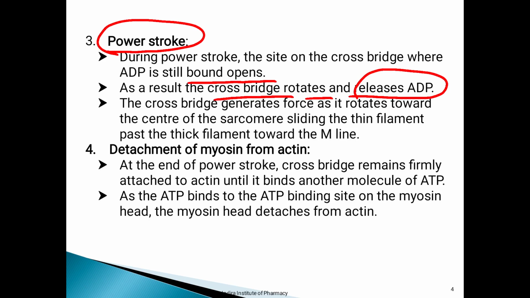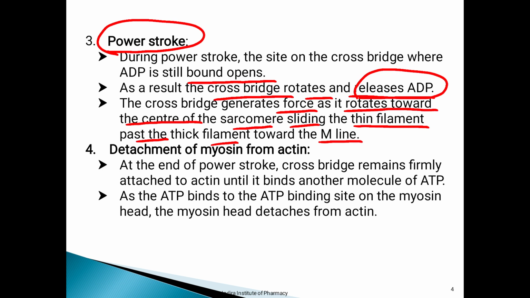So in the second step there was release of phosphate group, and in the third step it releases the ADP. The cross bridge generates force as it rotates towards the center of the sarcomere, sliding the thin filament past the thick filament towards the M line.